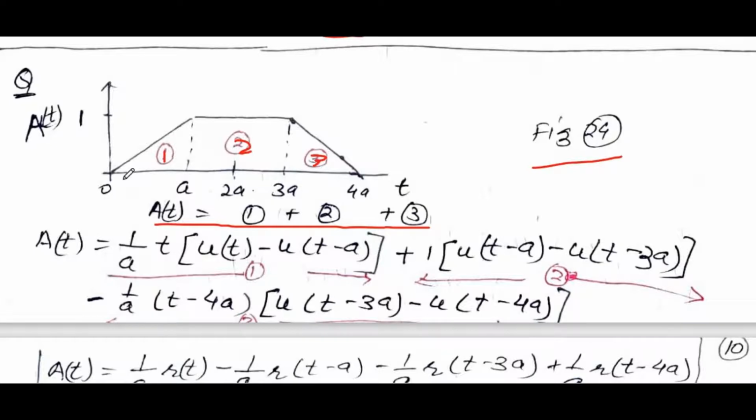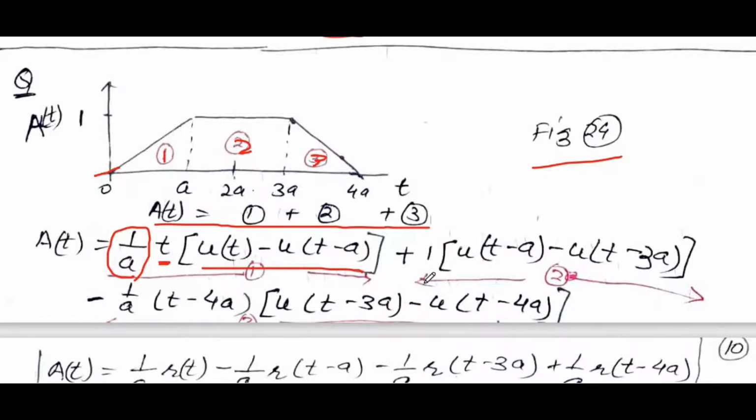Slope is 1 minus 0 upon a minus 0. It will be 1 upon a. This is the slope for the first part. This line, so it will be t minus 0. So I have written t here. Then a gate function from t equal to 0 to t equal to a will be u of t minus u of t minus a. This is the expression for first part.